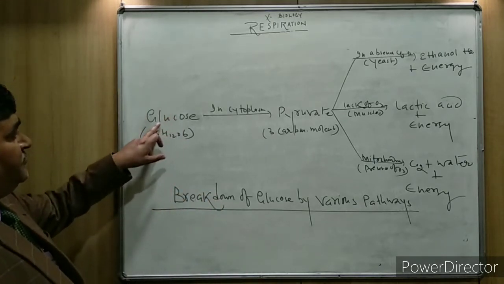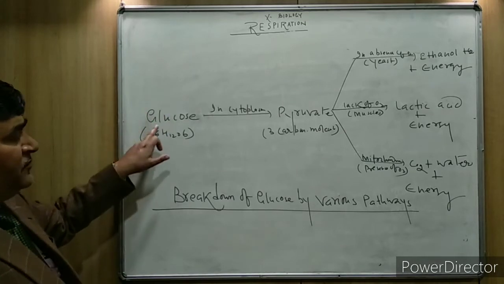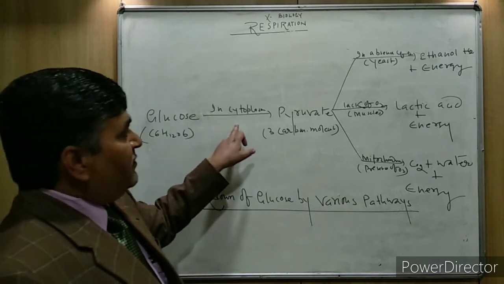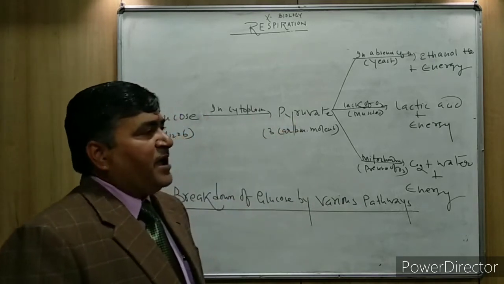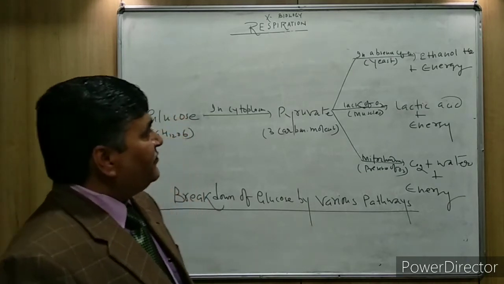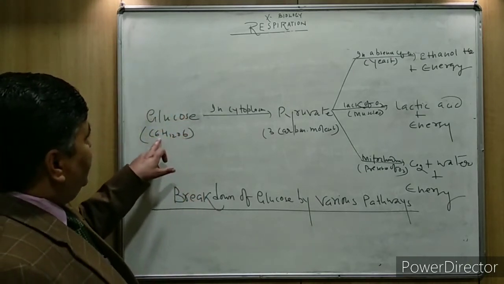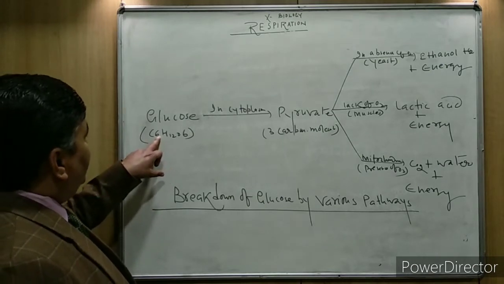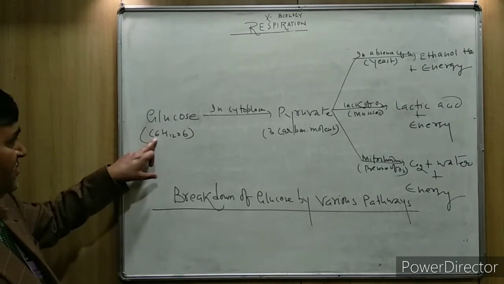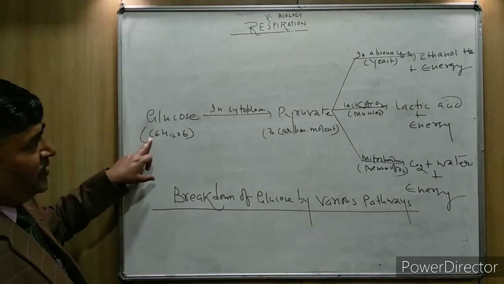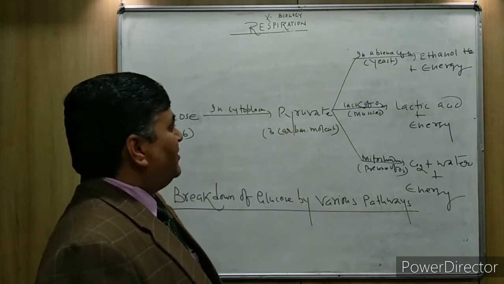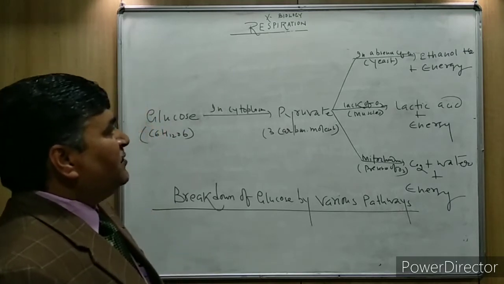You can see here, this one is the glucose molecule, and glucose is broken down first of all into the pyruvate, or you can say pyruvic acid. The glucose, which is a compound containing 6 carbon, is going to be converted into a 3 carbon compound that is called pyruvate.